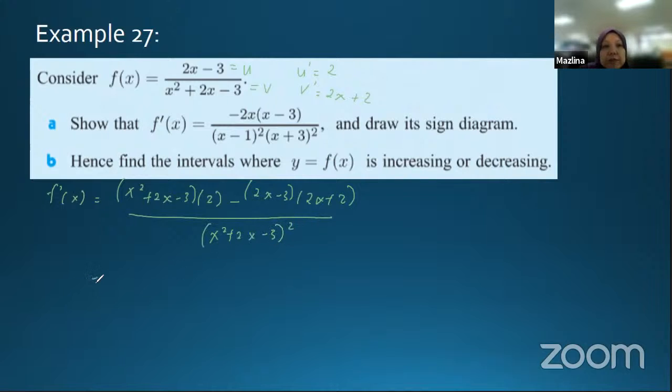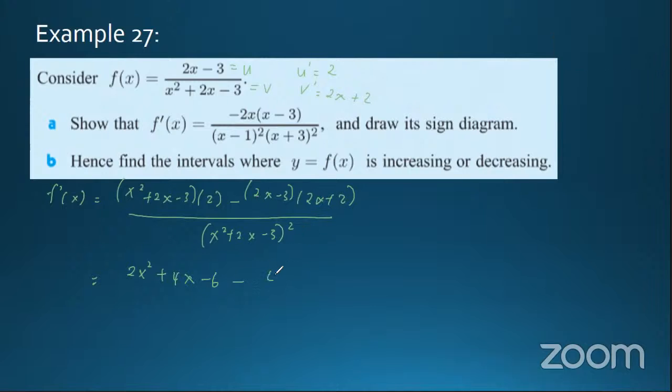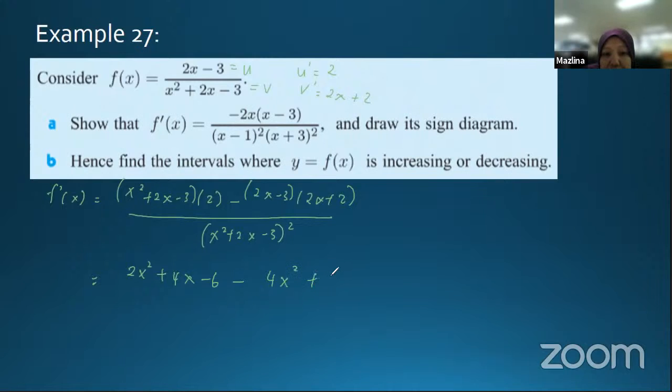Okay, so you simplify, and you get the same as what is given here. So you get 2x squared plus 4x minus 6, minus 4x squared plus 4x squared plus 8x plus 6.